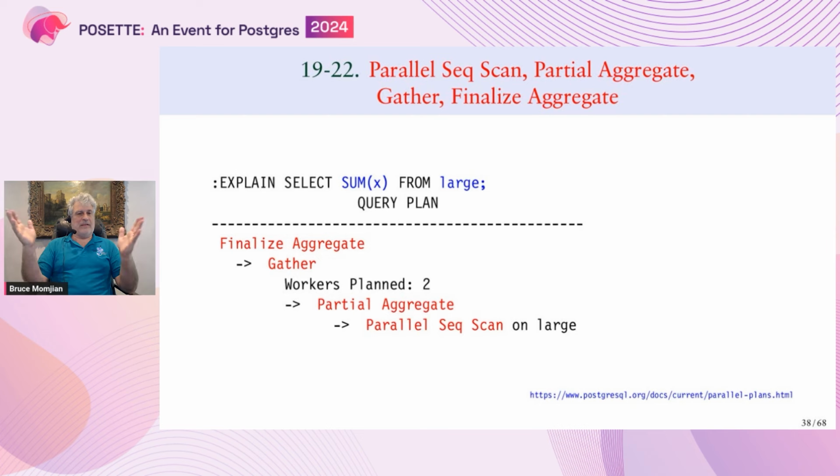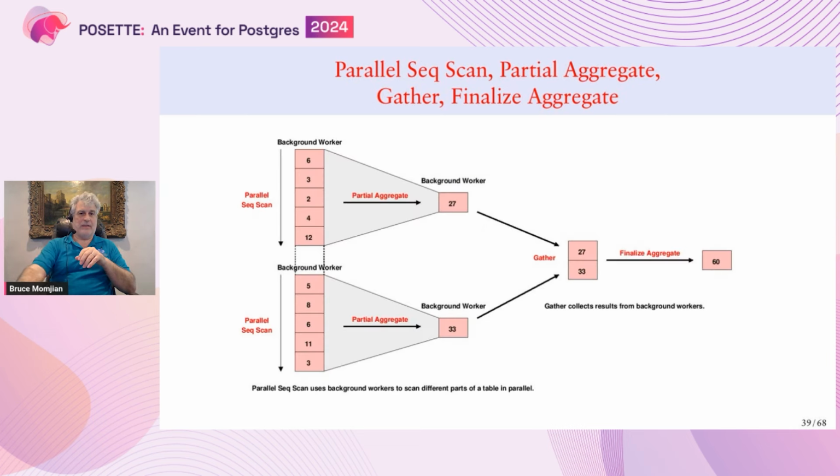Here, a very simple sum on a large table effectively creates two parallel sequential scans at the bottom, which then become partial aggregates, which are then gathered together in the primary backend process and then finalized. And hopefully you can read this, but again, going from left to right, we have parallel sequential scans happening in two ways in the same table.